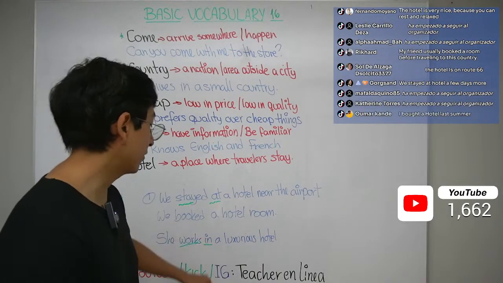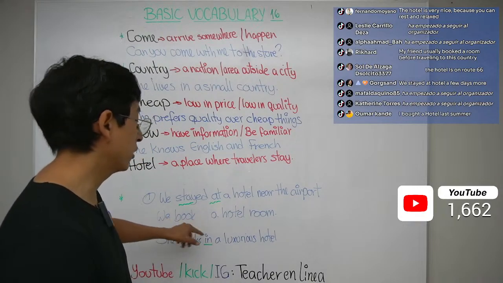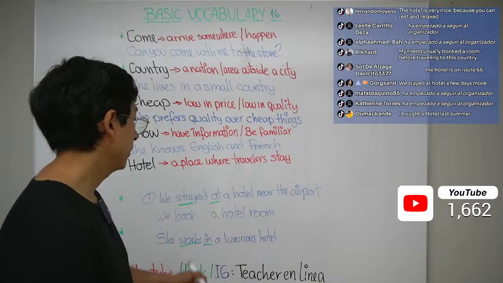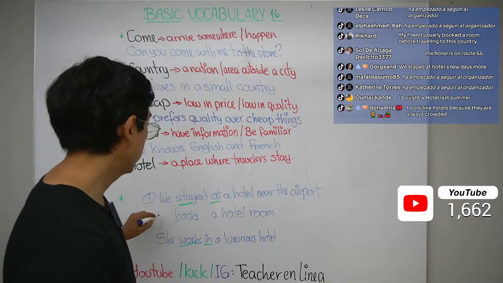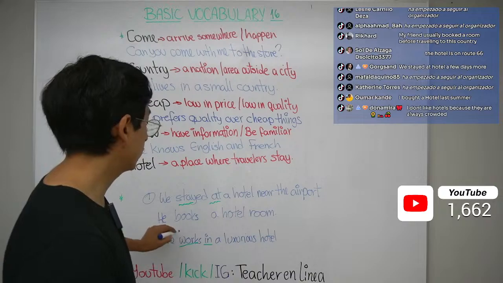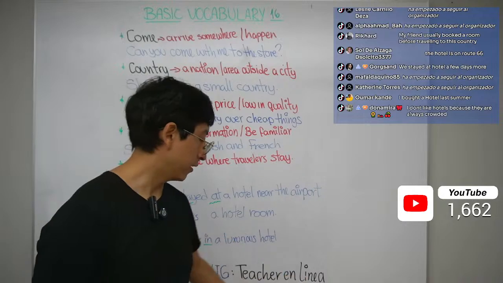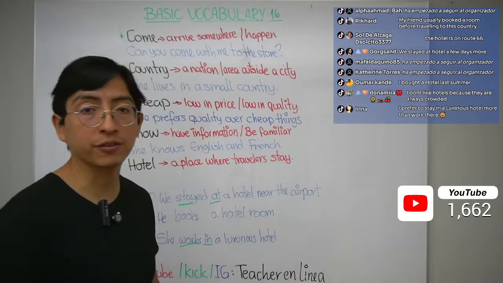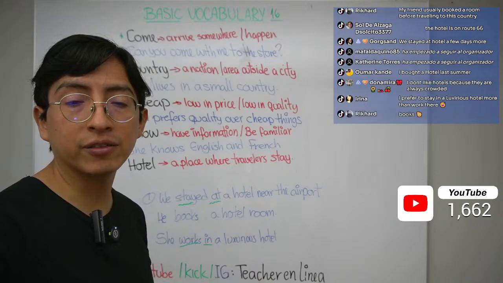Booked is simple past. In your case, you're using usually. No, usually books. Okay, he usually books, or my friend usually books. What else? The hotel is very nice because you can rest and relax.